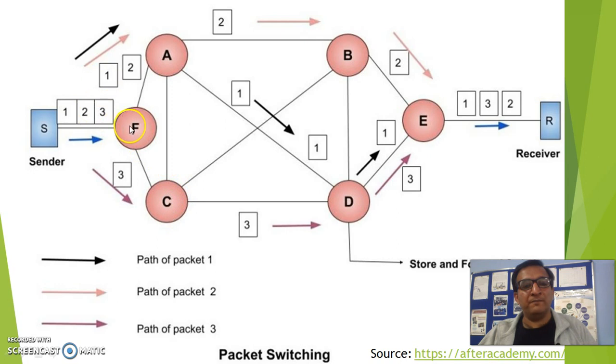Packet 1 flows from F, A, then comes to D, then E, and then to the receiver. Packet 2 goes F, A, B, E, and packet 3 goes F, C, D, E, and R. So all the packets are following different routes, so they may take different times to reach their destination. The order may or may not be the same when they arrive, but it's the responsibility of the receiver to reassemble them in the same order in which they were divided into packets to create the original message.